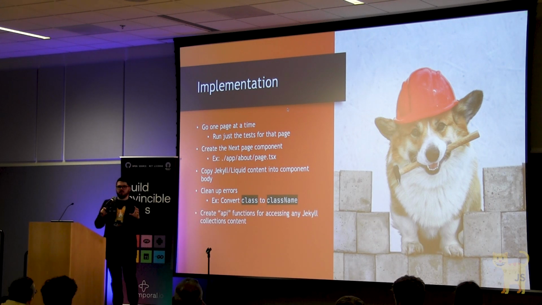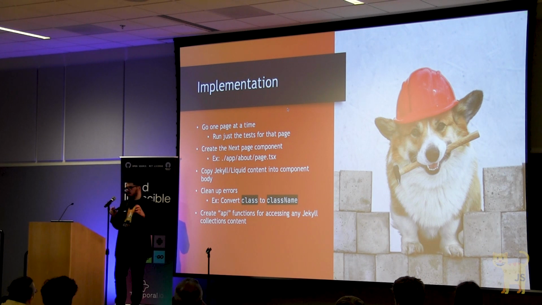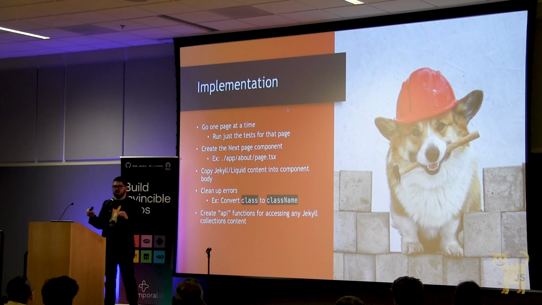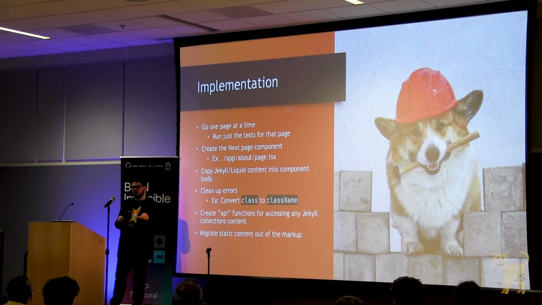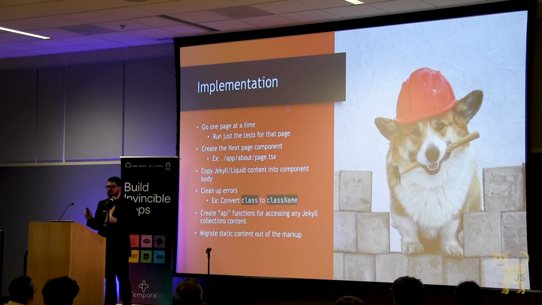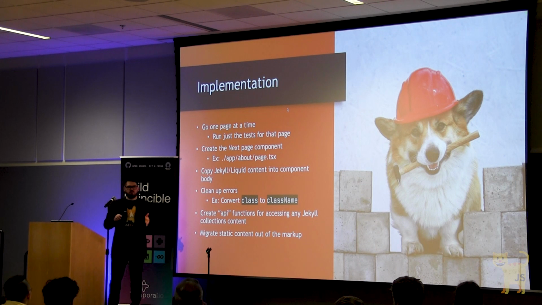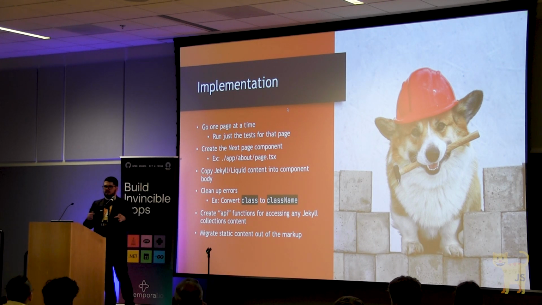And then we created little API functions for accessing any of the content that Jekyll was pulling from collections. And we migrated any content that was static into a JavaScript object. Really thinking about where we might go in the future, if we decide to move in the direction of a headless CMS, that's content that we wouldn't want inlined in our template.